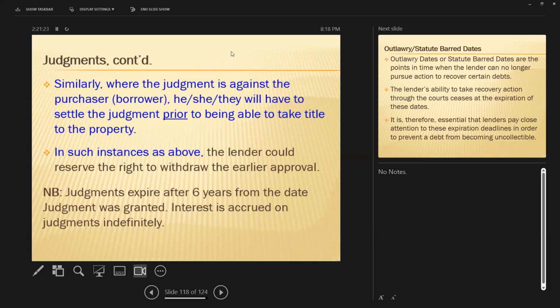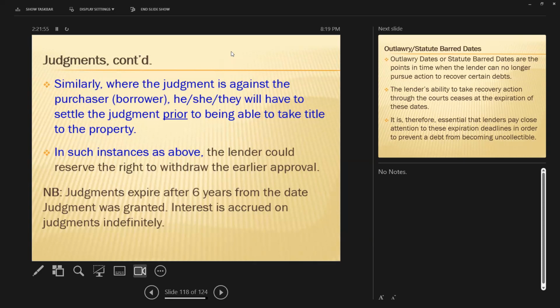If we decide we can lend to somebody, and we find out that the person who is going to borrow the money from us to buy a piece of property has a judgment outstanding against them, and they cannot settle it, then we can withdraw our approval, because our approval was granted on the basis that they could take clear title.